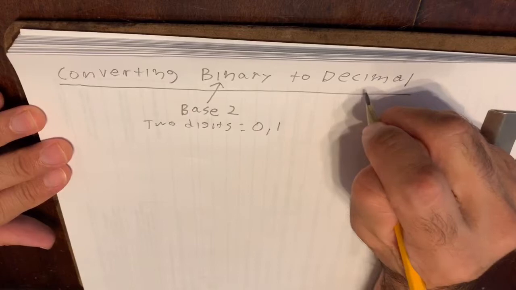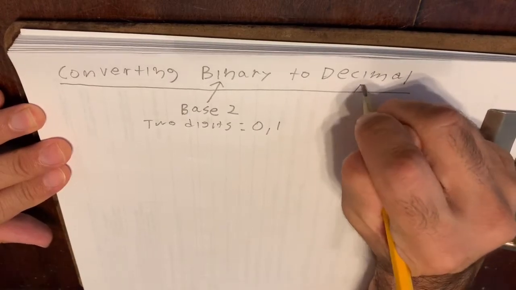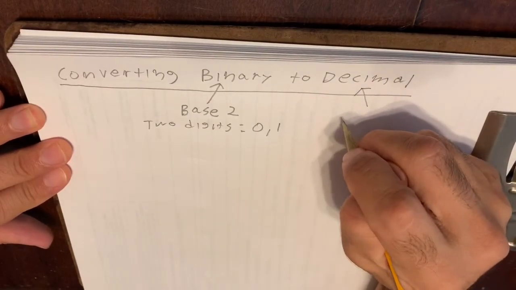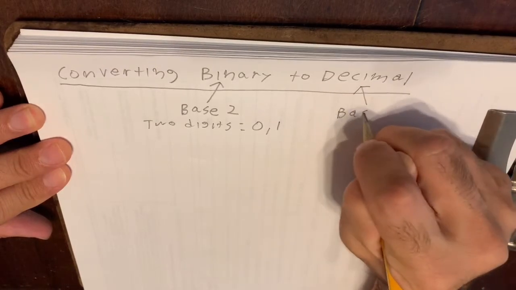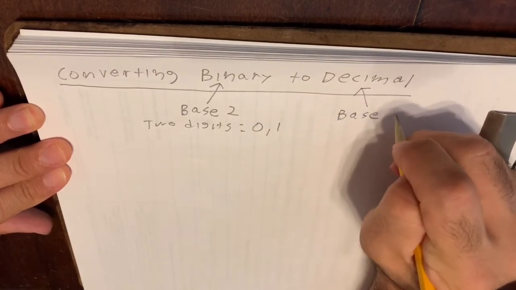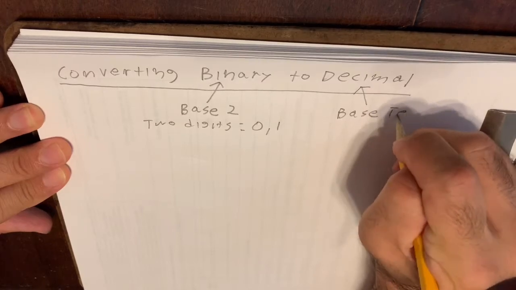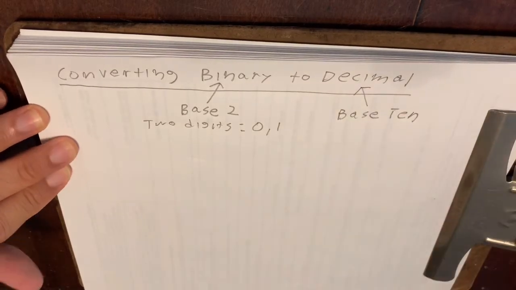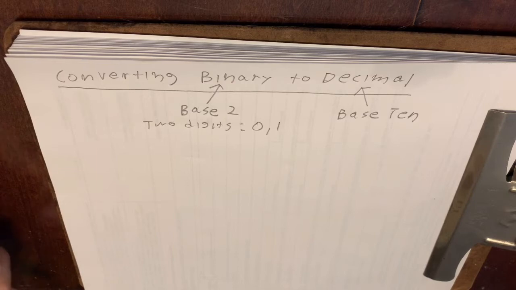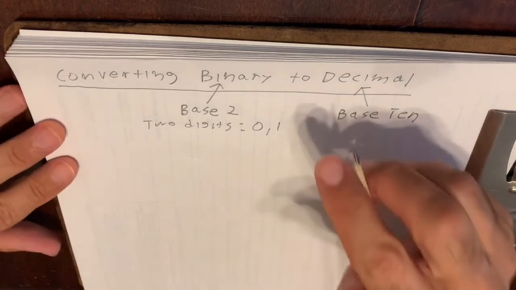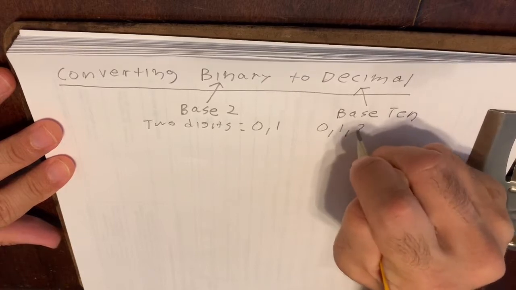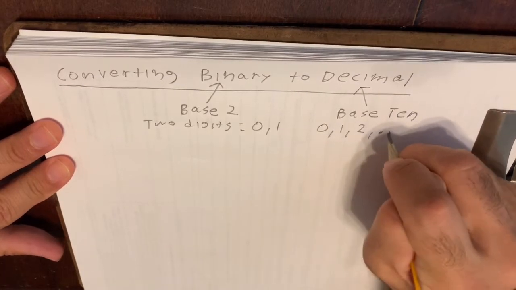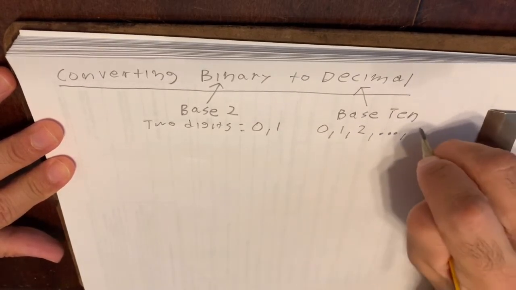Decimal, by contrast, has 10 digits. And that's called base 10. And the 10 digits in the decimal system of numeration are 0, 1, 2, all the way up to 9.